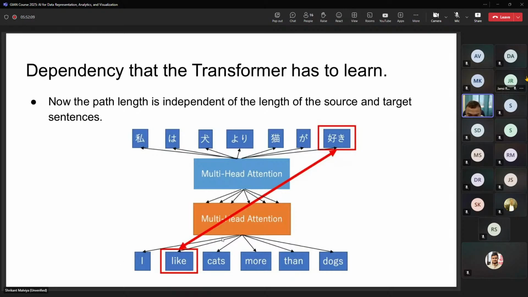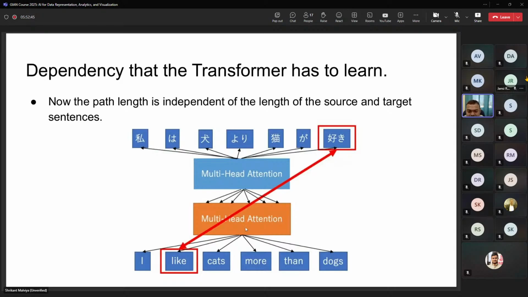So what is happening here is, for the given input sequence, let's take the example of machine translation, it will generate the representation of each and every token in the input sequence using this multi-head attention mechanism. After getting the representation of each token in the input, it again uses a decoder-style multi-head attention and applies it to generate the output sequence.